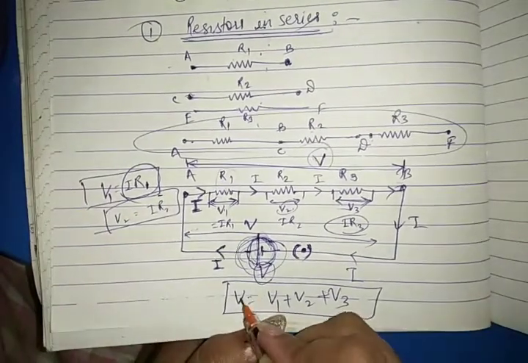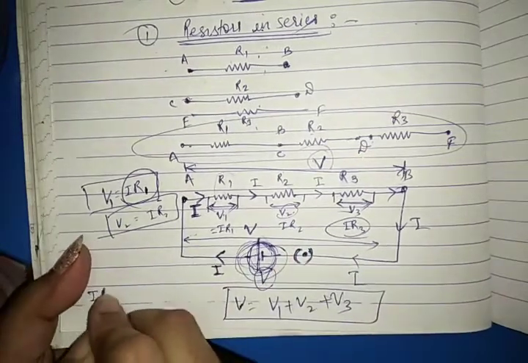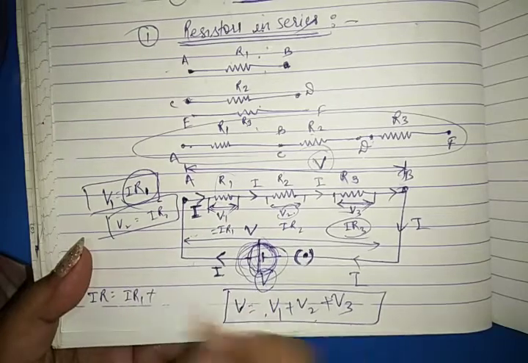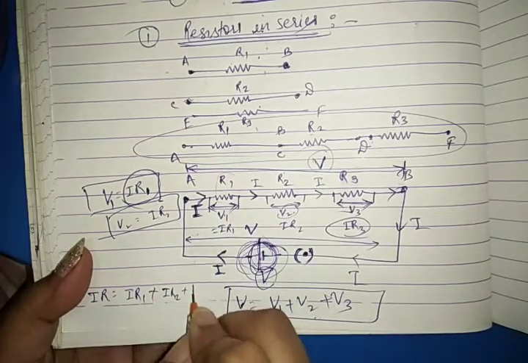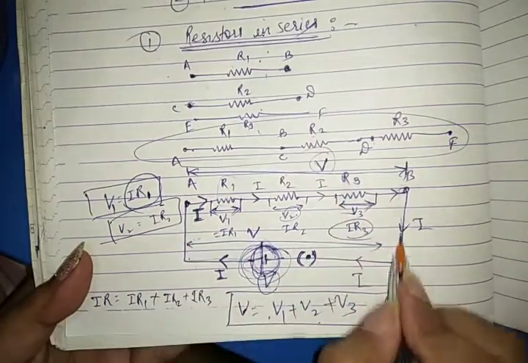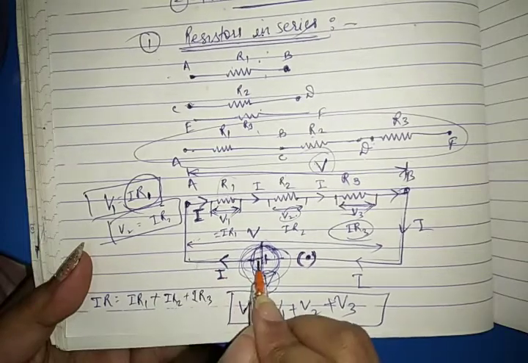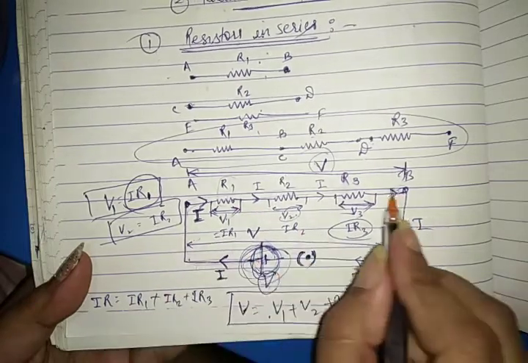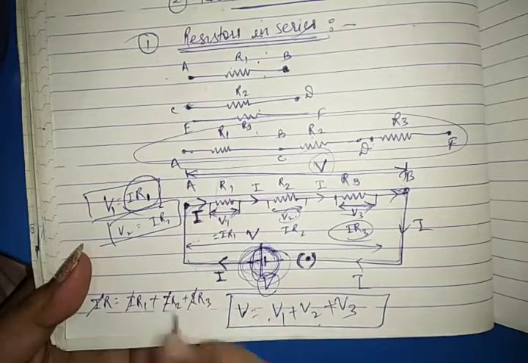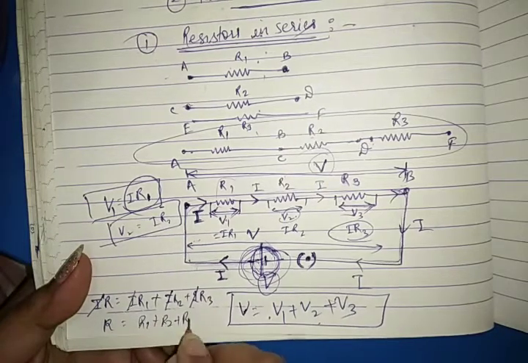As we know from Ohm's law, V equals IR, so V equals IR, V1 is IR1, V2 is IR2 and V3 is IR3. Current will remain the same throughout the circuit because this is a single loop. So I gets cancelled, and we get R equals R1 plus R2 plus R3.